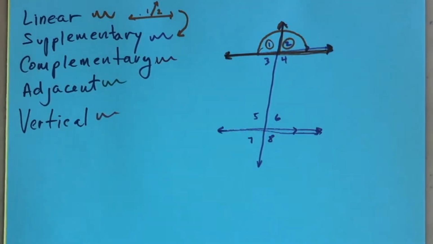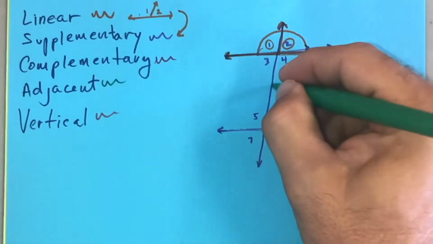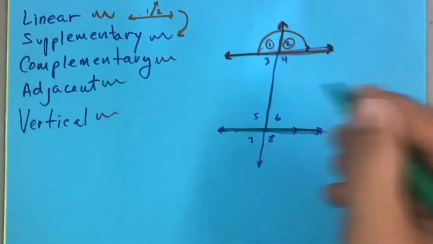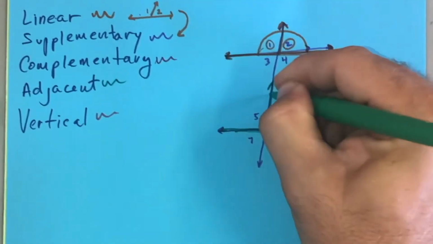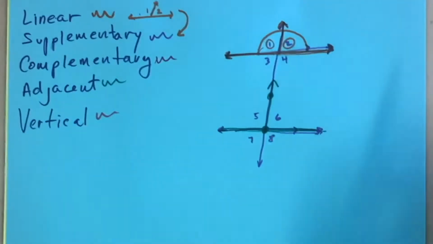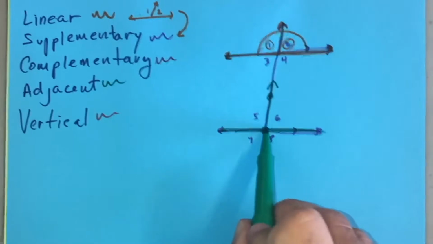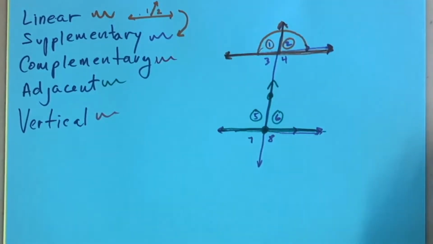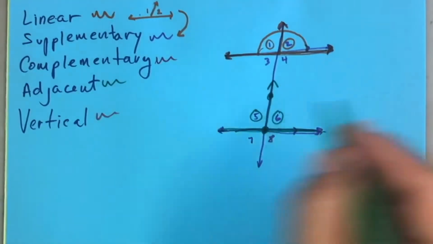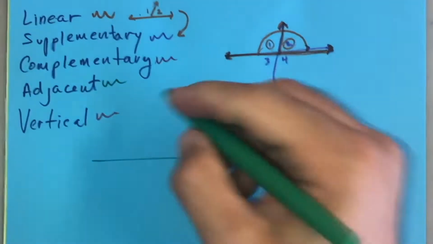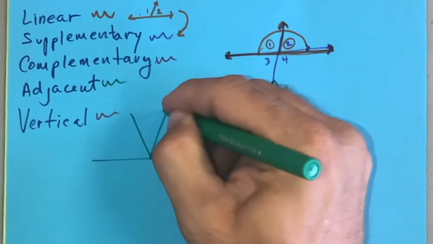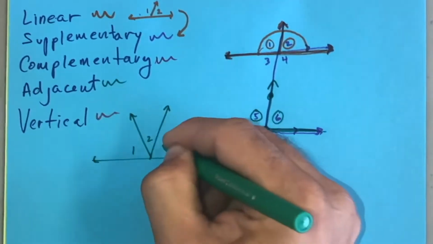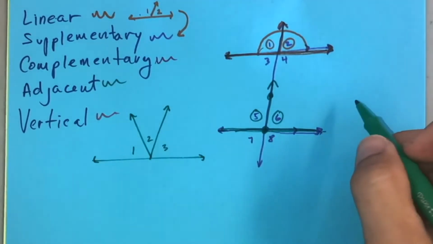Adjacent would be any two angles, let's say 5 and 6, that share a common side and a common vertex. So both 5 and 6 meet at a vertex and share a common side. So you could say those two angles are adjacent. If I made a diagram like this and I had three different angles, I could say 1 and 2 are adjacent.